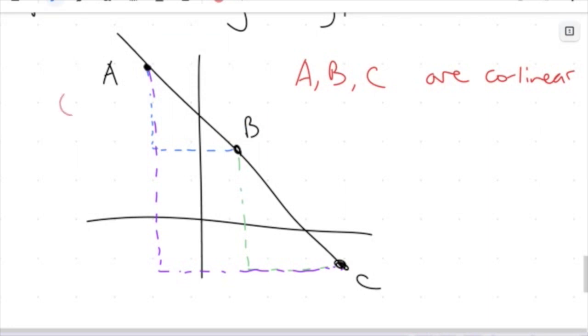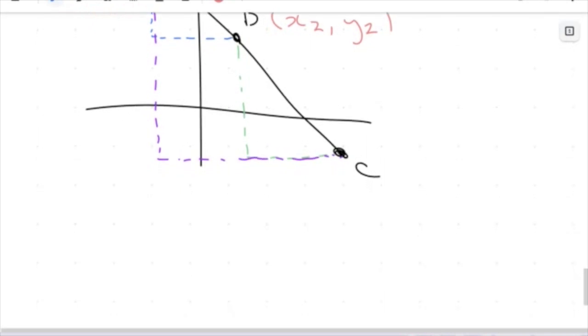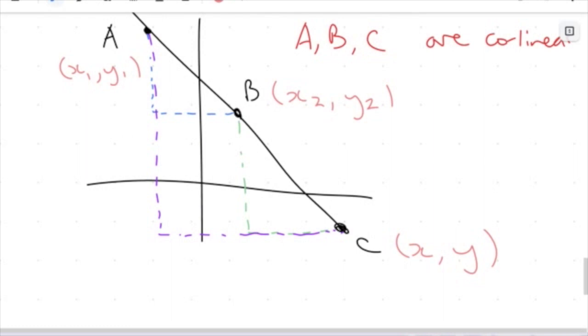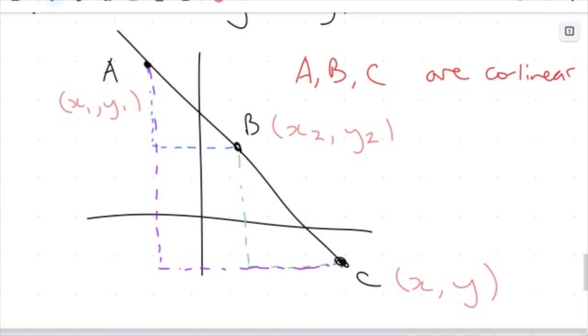So let's give these points a name. Point A, let's say this is x1, y1. Let's say B is x2, y2. And let's just say C is just some arbitrary x, y here. We want to understand what is common with all of these gradients.